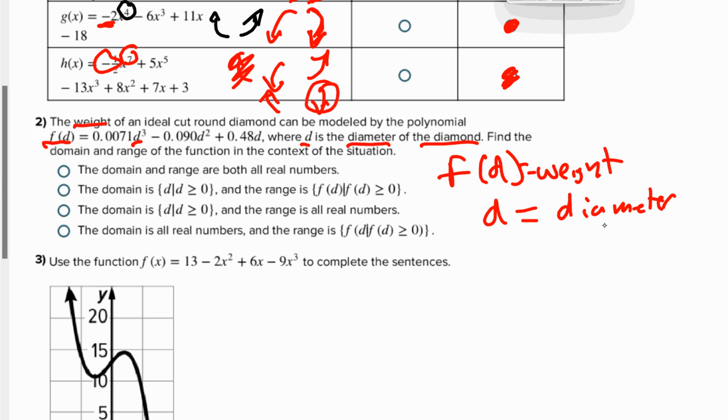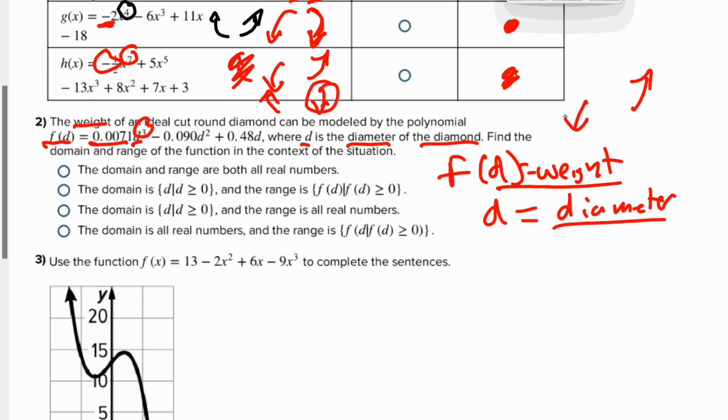Clearly, if we're talking about diameter, we can't be smaller than 0 for our domain. So our domain has to be greater than 0, since equal to 0 means we have no diamond. And then weight, we definitely want above 0, so negatives have no impact on this. This is a degree 3 with a positive lead coefficient, so that means we should go down and up.